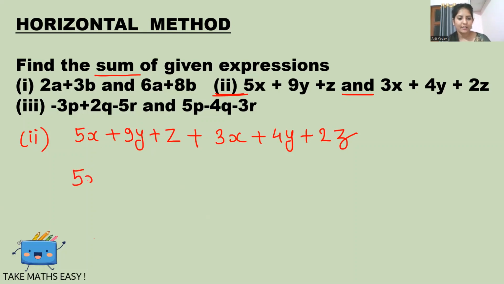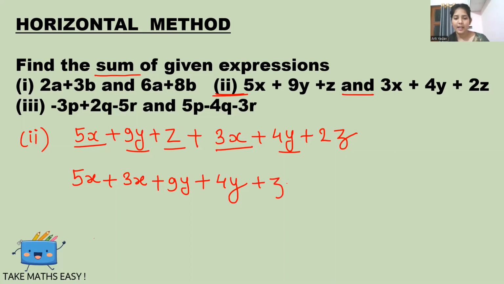So 5x is here. Is there any x? Yes, this is 3x. So 5x and 3x we will write together. And then 9y, is there any y? Yes, 4y. So 9y and 4y we have written together with their sign. Then z and 2z. This is also a like term, so we will add these two.